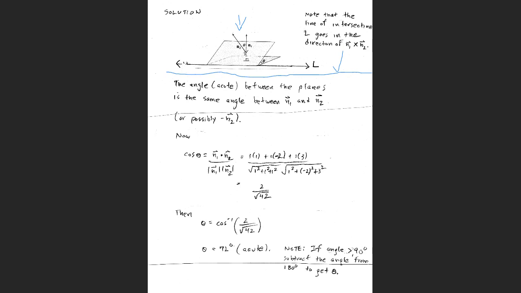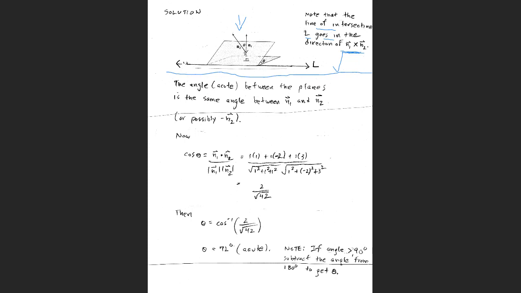If we were to take the cross product of n1 and n2, the line of intersection, L, would go in the direction of the cross product vector n1 cross n2.